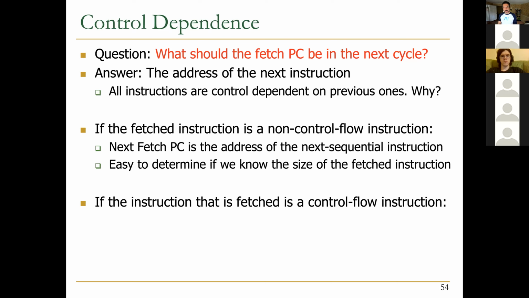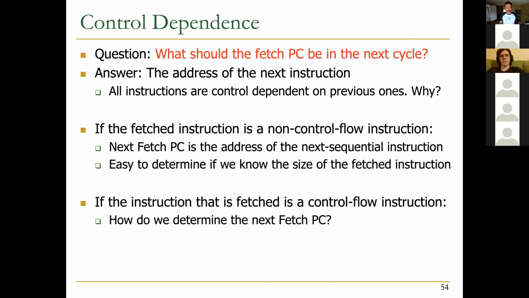And if the instruction that is fetched is a control flow instruction, then the problem is how do we determine the next fetch PC? One may say that, based on the logic of the program, if this is a BEQ kind of instruction, at some point we know exactly where we want to jump to.